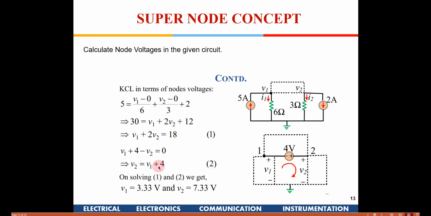Now if you solve these two equations, you will get the values of V1 and V2, and once you get them, you can compute the currents in each of these branches.